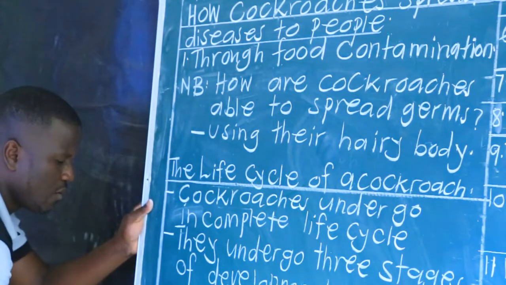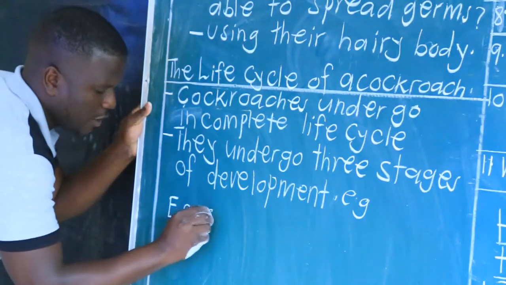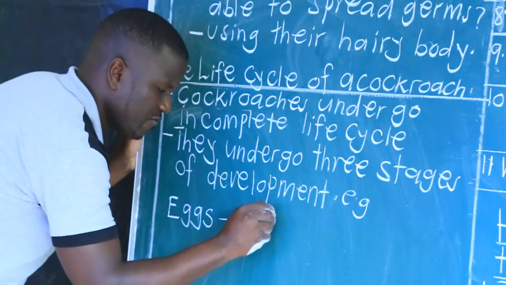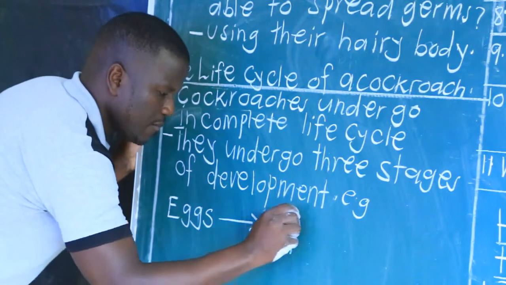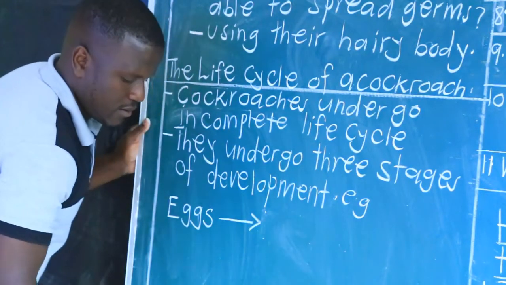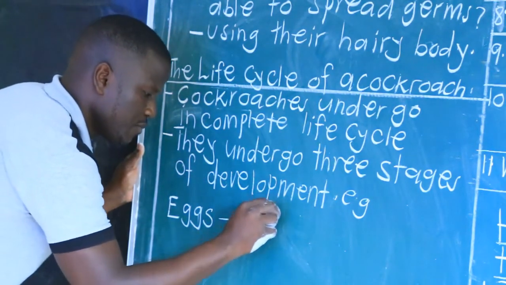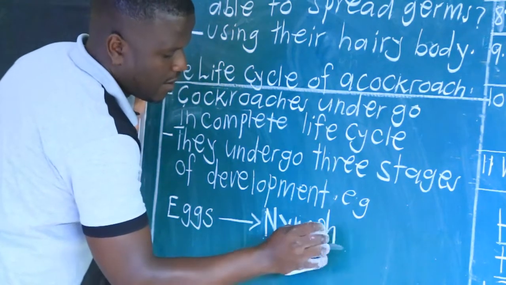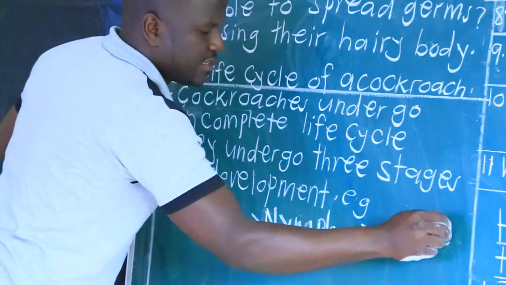For example, the first stage is eggs. These eggs will develop into nymph. Then the nymph will develop into adult.